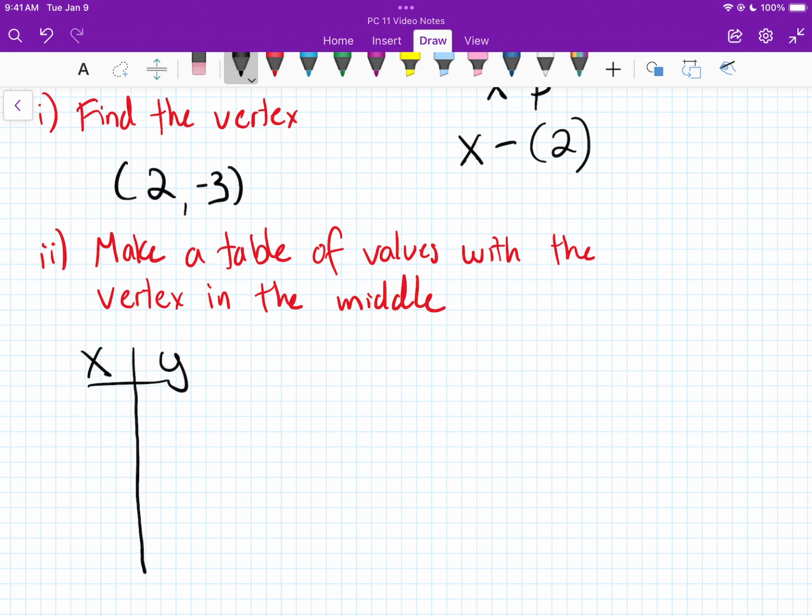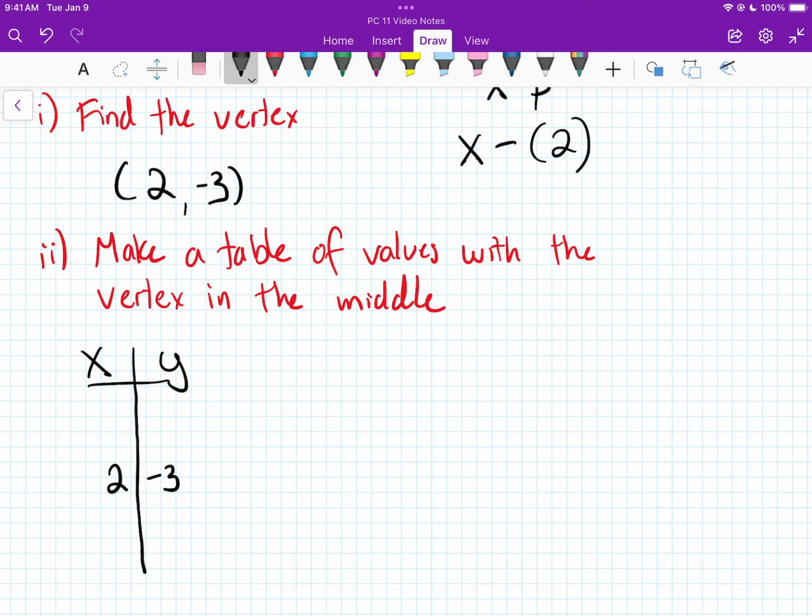And if you watched my last video, you might remember that I said that we typically want about 5 points for our parabolas. 1 is obviously too much. 3 is lacking in detail, but is okay. Sometimes 5 is a nice standard. So for us, we're going to put that (2, negative 3) right there in the middle. Then we just want some x values on either side of the vertex.